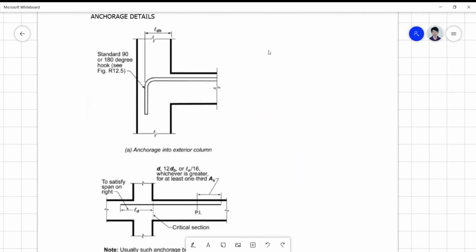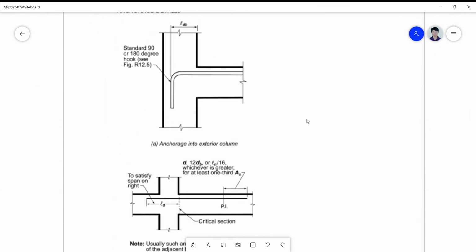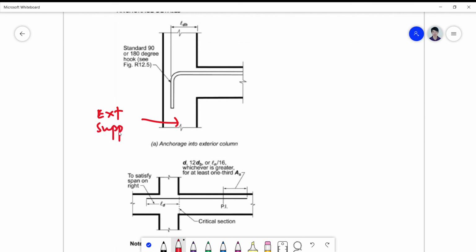For the anchorage details, you have to take a look at the 90-degree bend. What is this? This is the exterior support, for a column normally. So you do not cut it there, you have to bend it 90 degrees.